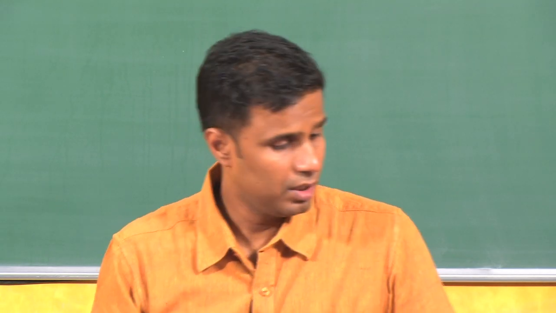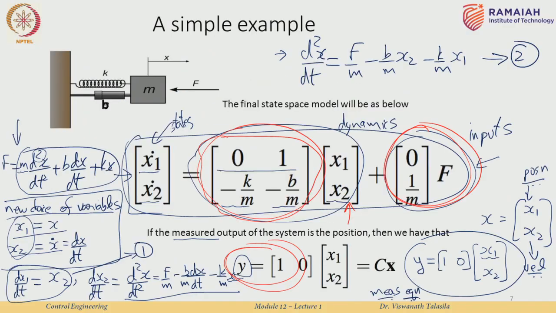coupled with each other. So, if you look at the previous example, the state x1, which was a position, is connected to the velocity through this parameter over here, right. So, x1 is connected to x2 through the parameter 1, and x2 dot is connected to the states of the system through these two parameters.